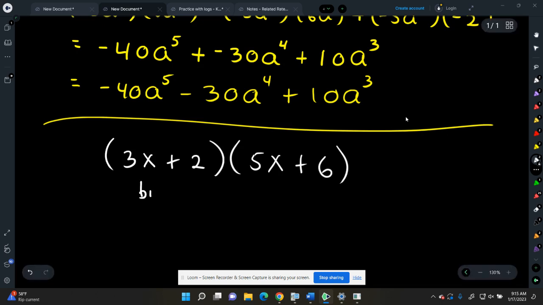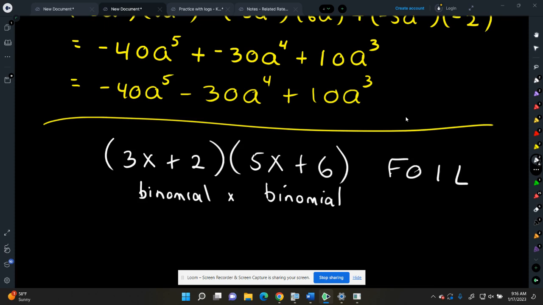This is a binomial because there are two terms. A binomial times a binomial, we use what we call the FOIL method. And FOIL method is distributing also. It's just a way of remembering how to distribute so we don't forget. Okay?